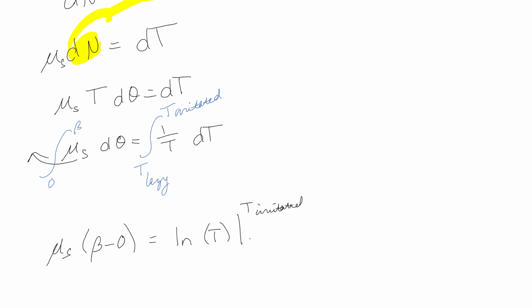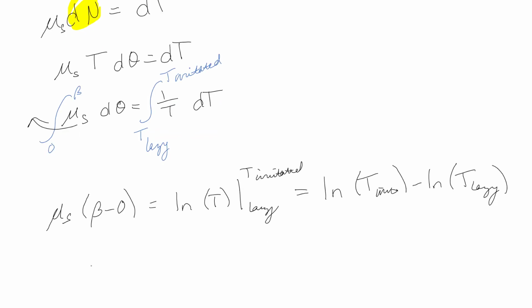Because I'm even better at college algebra than I am at integrating constants, that's going to be the natural log of irritated minus the natural log of lazy. And again, being kind of an algebra genius, this is going to be the natural log of irritated divided by lazy.